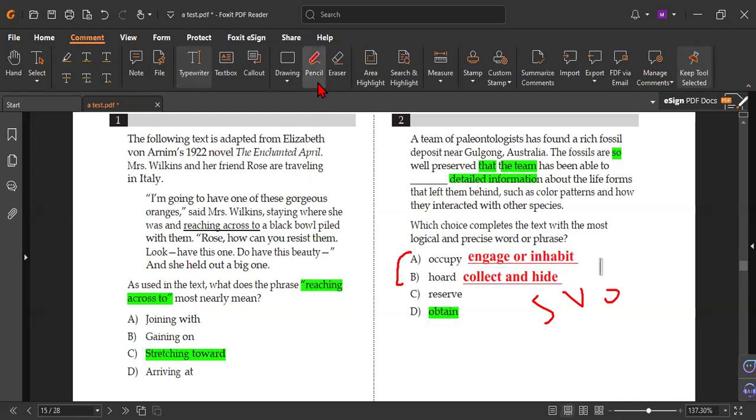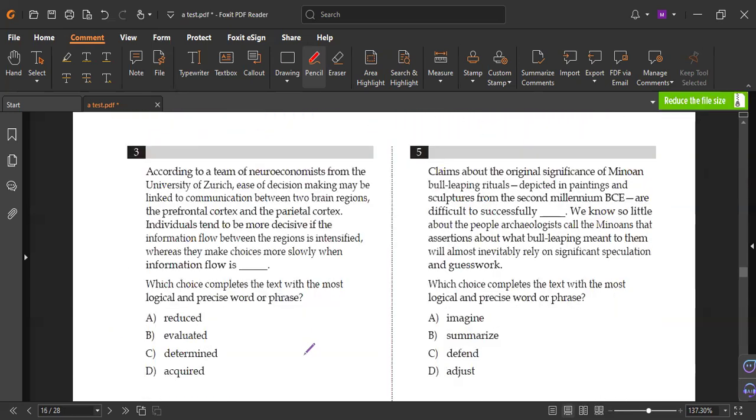Feel it? And letter C, of course, is wrong, because they didn't preserve it. They want to understand what's going on in life and on Earth, not to preserve it. So here, of course, it does not make sense at all. Perfect. Very good try.